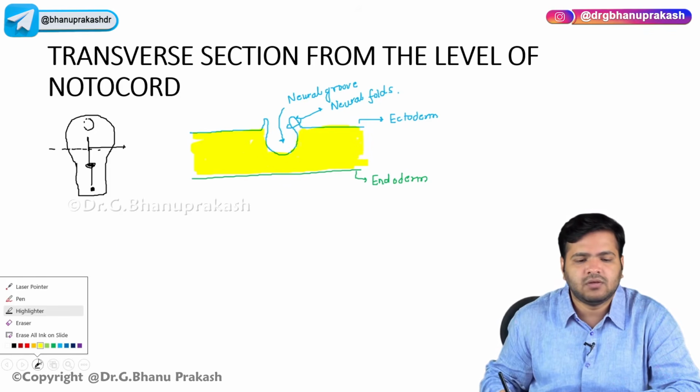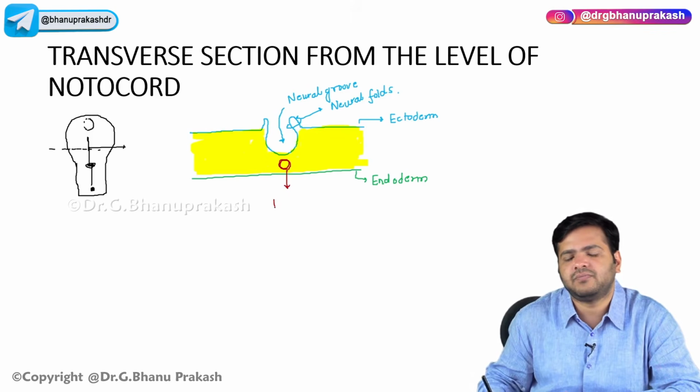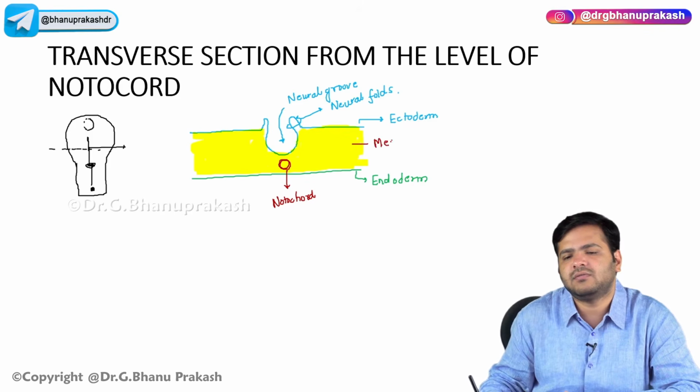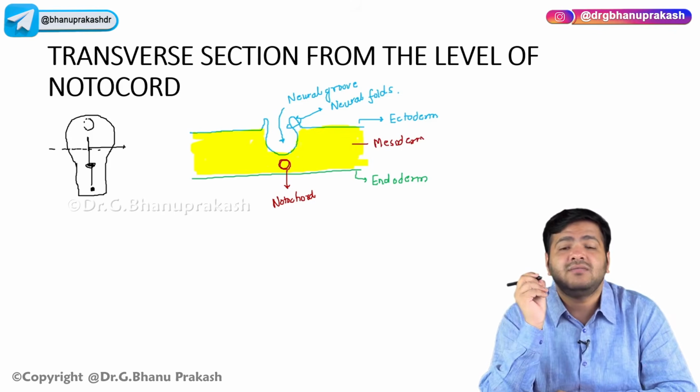Now, you already know in the mesoderm, in the midline, what is present over here, that is the notochord, right? This notochord is present, right? And this is the mesoderm.